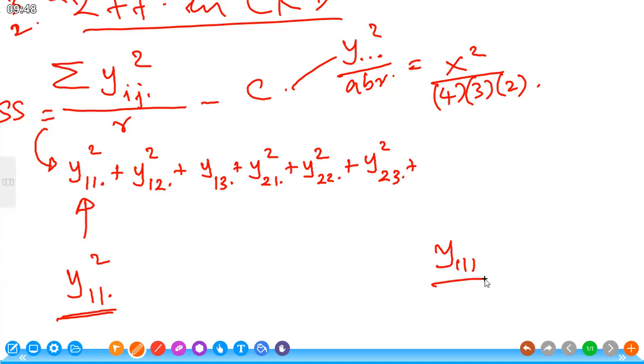First, take the first level of A effect and the first level of B effect.